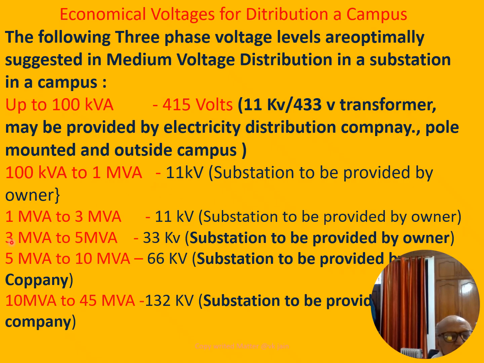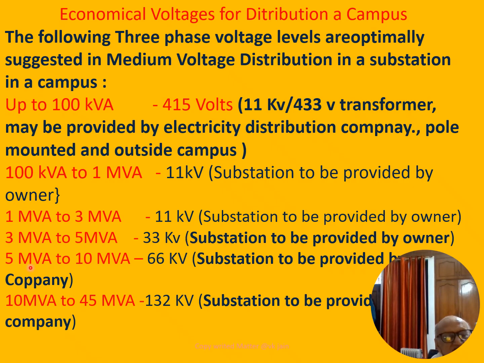Beyond 3 to 5 MVA, you have to go at 33 kV. So you have to mount a 33 kV by 433 volts direct, or 33 kV to 11 kV and then 11 kV to 433.